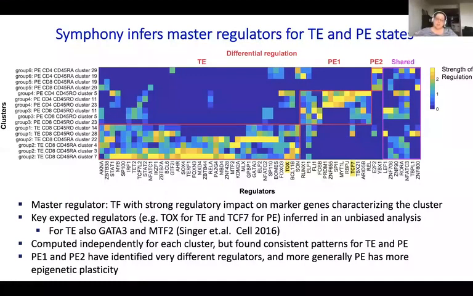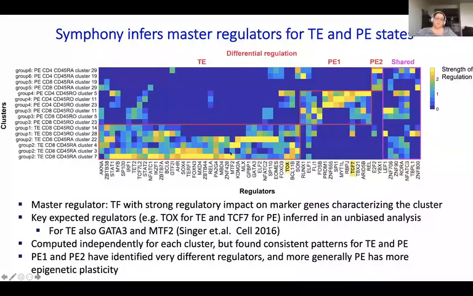We applied it to all the data that we'd collected together with Kathy and Pavan. And we saw that indeed we could get a map of the key regulators that are driving each of these clusters. And while we tried to infer these regulators across multiple samples and across multiple clusters, what we could see is that there were a set of regulators that repeatedly were selected across the different TE clusters.